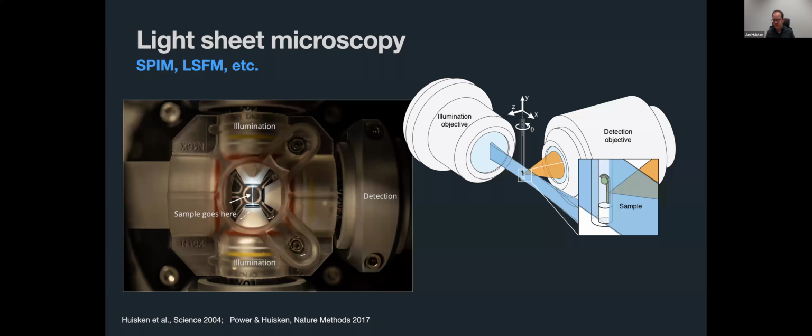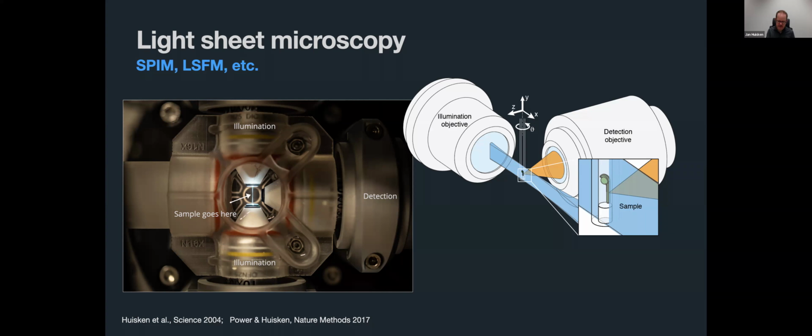And the beauty of it is also that it's very much scalable. So you can pick whatever lens you want, depending on the working distance and the magnification needed. You can scale this to the specimen. Ultimately, the specimen has to fit between the lenses, and the light sheet should have properties that allow you to get good sectioning across the entire field of view.